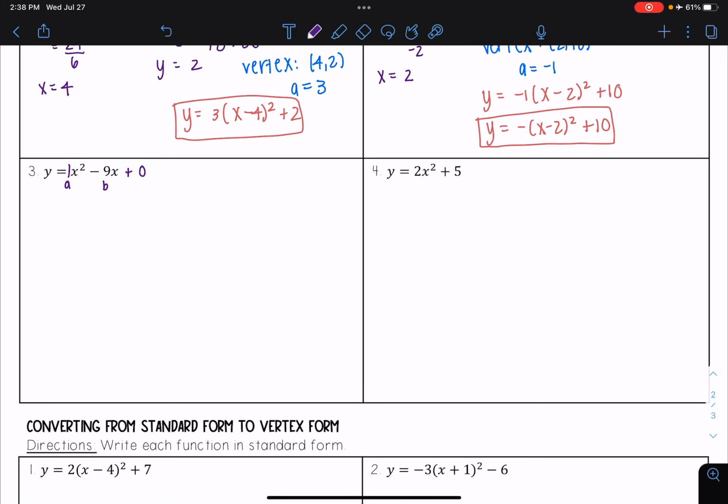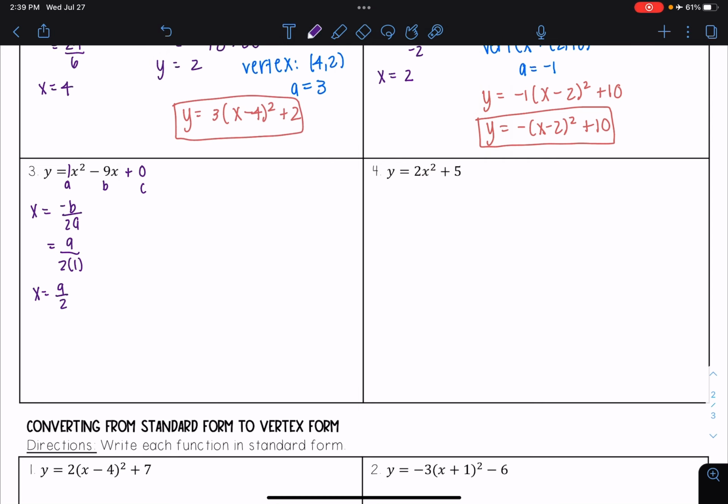B is negative 9, and c is 0. So x is equal to the opposite of b over 2a. Well, the opposite of negative 9 is positive 9, over 2 times a, which is 1. So I get that x is equal to 9/2.